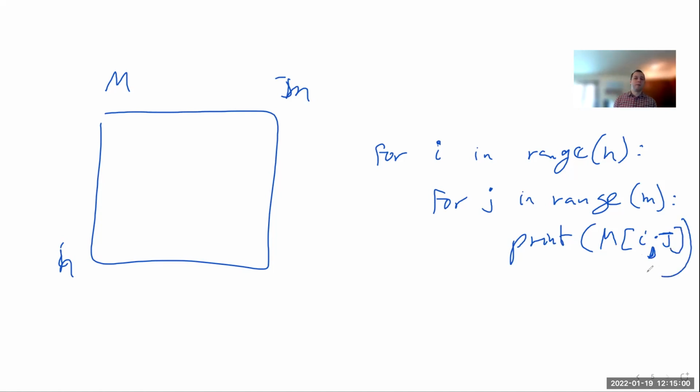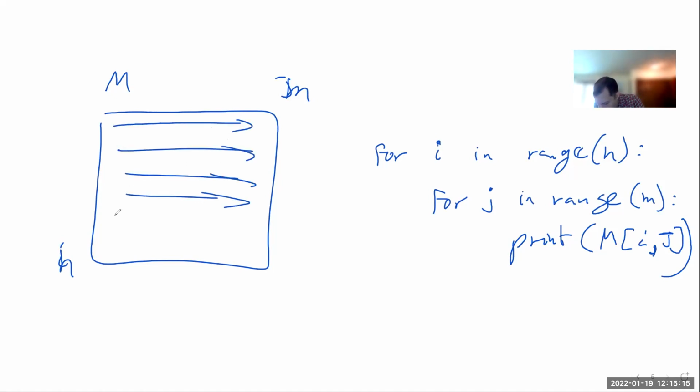And that's what you know about traversing with for loops. This would allow you to traverse this array, right? So you would go every row, every row, every row.